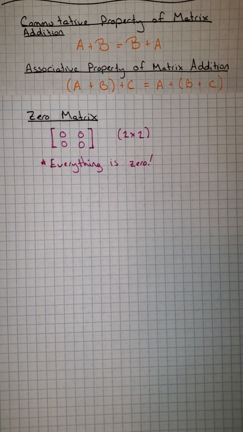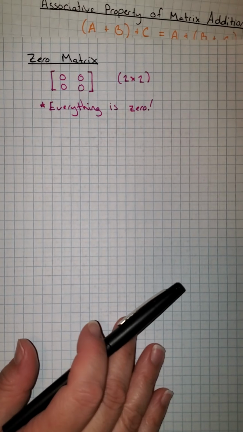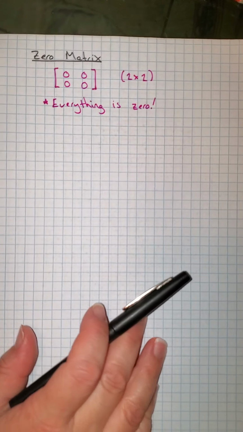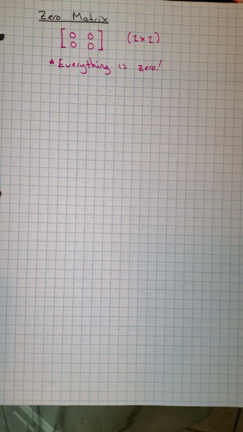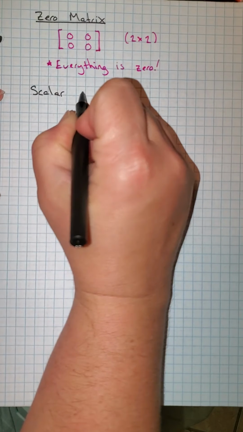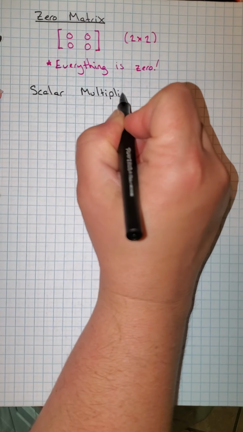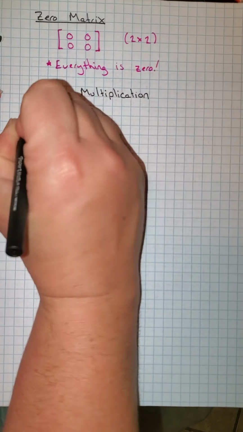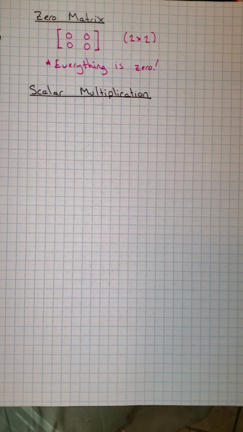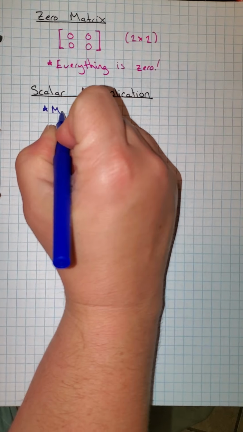All right, before we get into actual multiplication of matrices, which actually is a little bit tricky, we're going to talk about scalar multiplication first. This is just multiplying an entire matrix by a non-zero number.